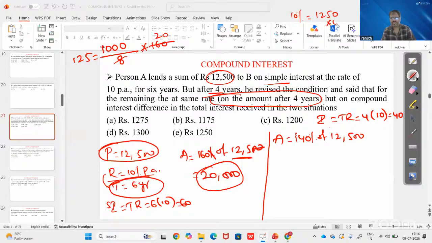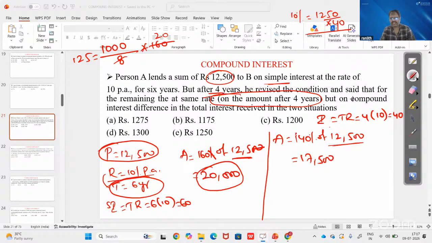So what about 40 percentage? 1250 into 4 will be equal to 5,000. So totally 12,500 plus 5,000 will be the amount after 4 years, equal to 17,500.